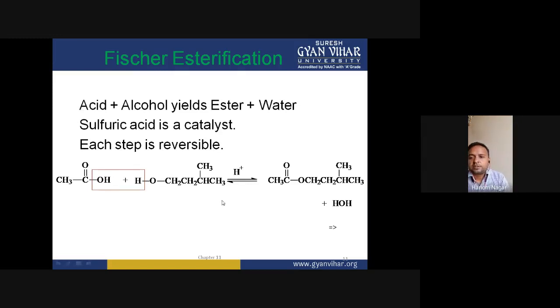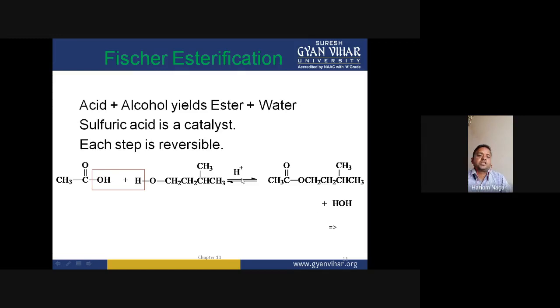So by the reaction there is formation of CH3 C double bond O O CH2 CH2 CH3, this is the ester. The remaining part will not change. There is only the attachment of this oxygen with the carbonyl carbon and formation of the ester group.